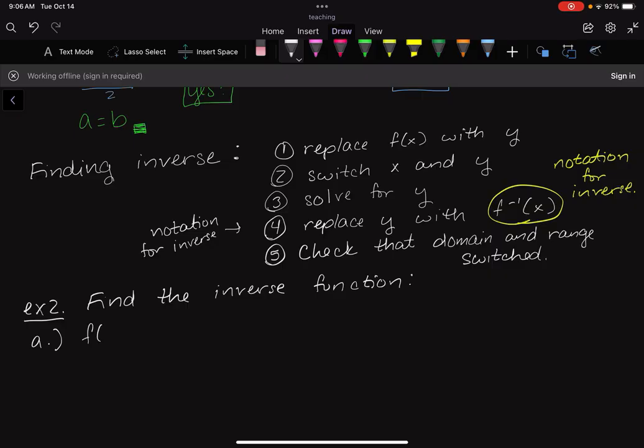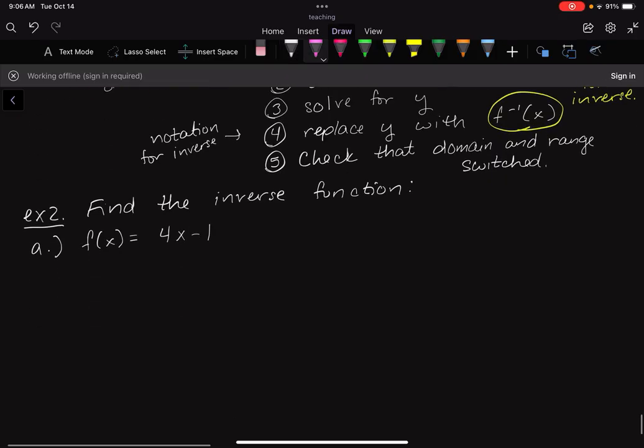So I have f of x equals 4x minus 1. So the first thing that I do is I switch it over to y. Then I switch my x and my y. So I'll have x equals 4y minus 1. So I switched x and y.